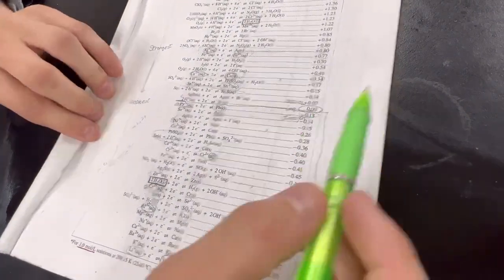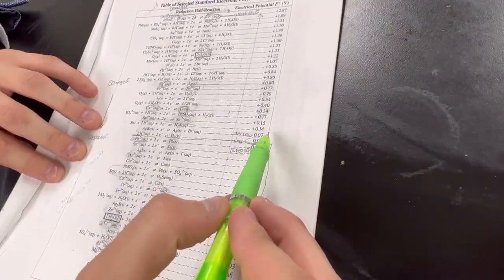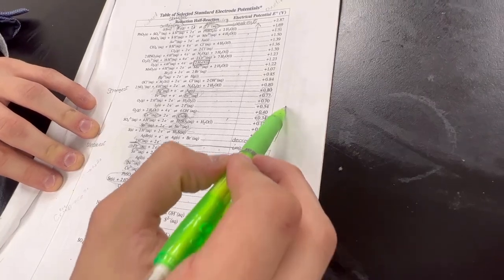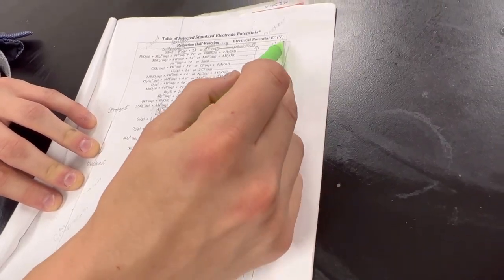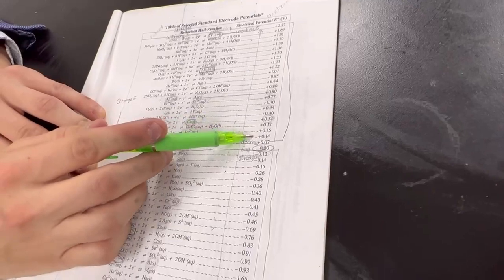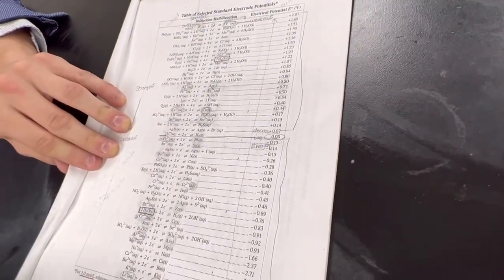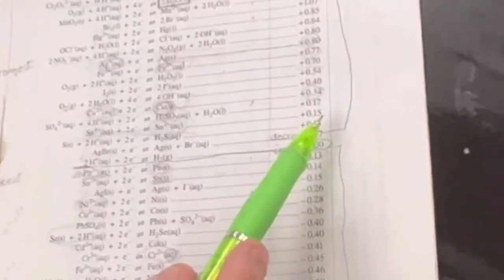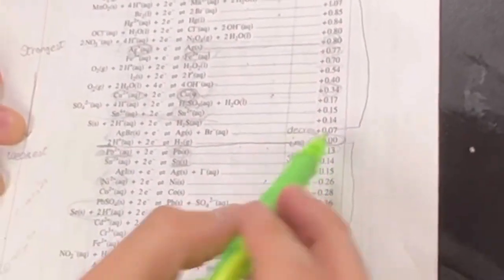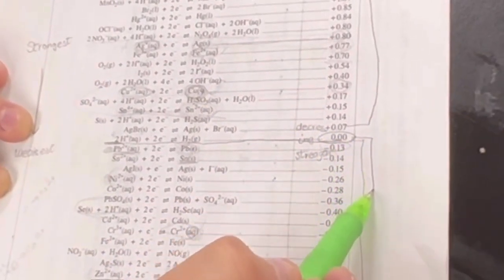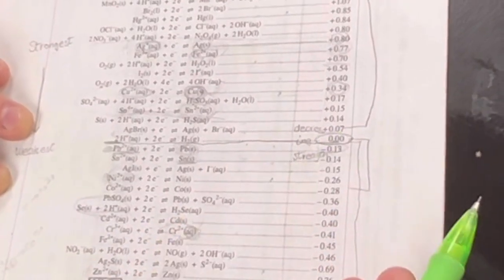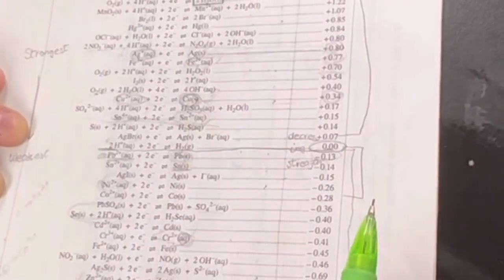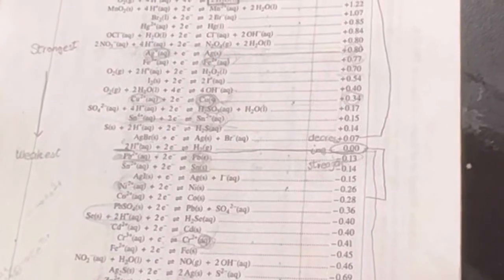And then we have a bunch of elements or compounds that have a greater chance at gaining electrons, hence have a positive potential. Now imagine I take that 0 and bring it down to here, because this is just an arbitrary 0. We're just comparing things to hydrogen, but it's not 0 by itself.